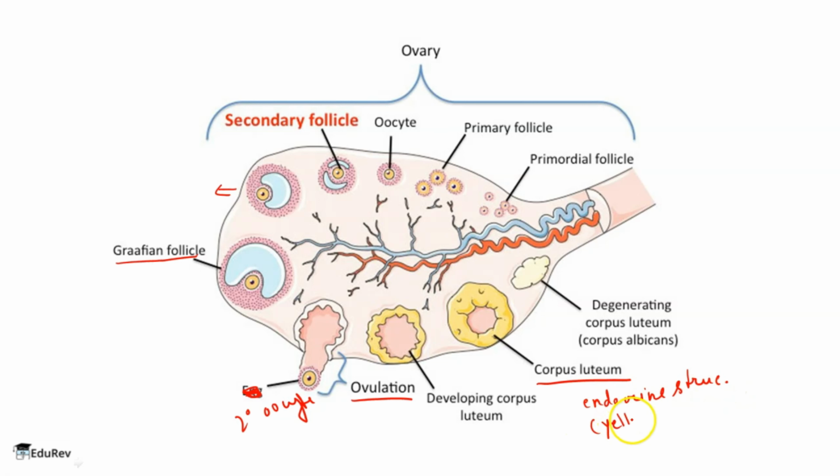The corpus luteum is yellow, that's why it is called the yellow body. Now this yellow body further regresses to form corpus albicans. It degenerates and forms corpus albicans. Because the corpus albicans is white in color, it is known as the white body, right?